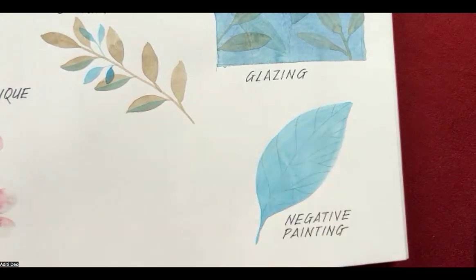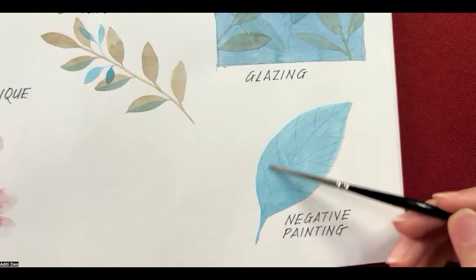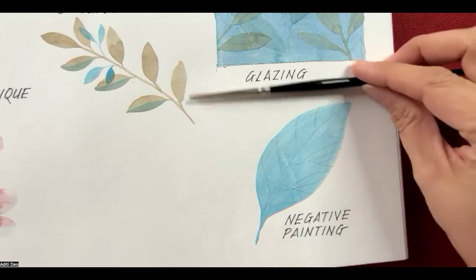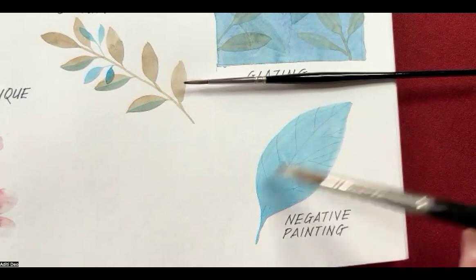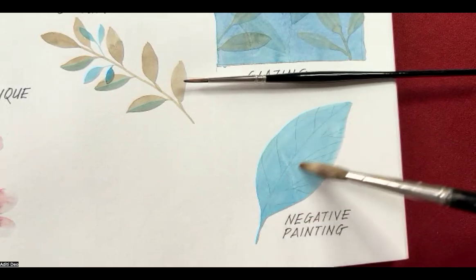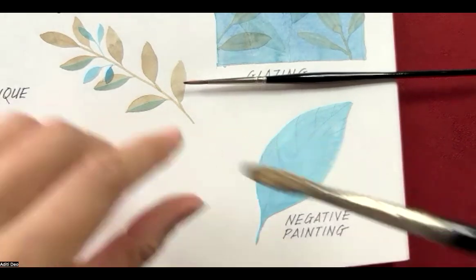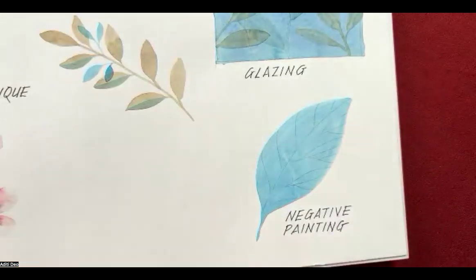So if this were the whole leaf, I would definitely not be able to cover this in 3 or 4 strokes without making it streaky. So in that case, I can use a fatter brush. So I will paint all this in about 3 or 4 strokes and it's done. So you can go with that rule of thumb. Choose the brush according to the area you have to paint.